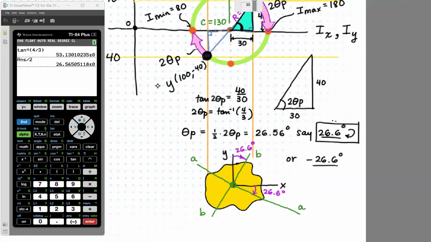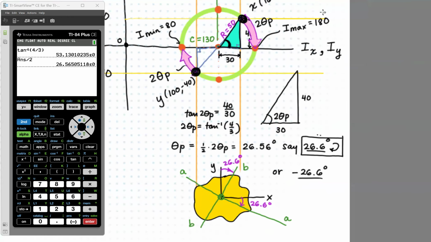And what Mohr's circle tells us is that the largest moment of inertia that we can have is located at 26.6 degrees clockwise from that x-axis. So I max of 180 inches to the fourth is the moment of inertia about this axis. I min, which we calculated to be 80, is about what we're calling axis BB.